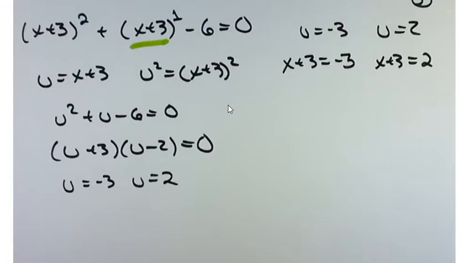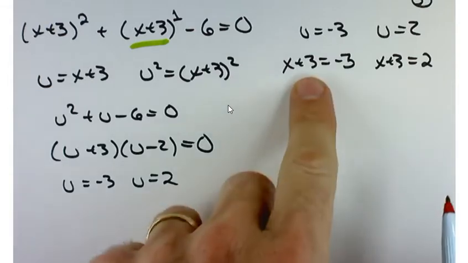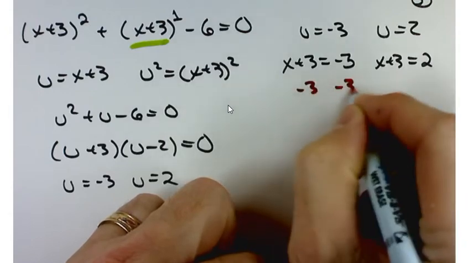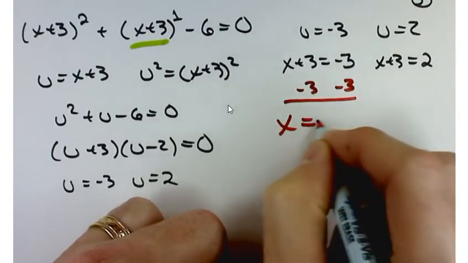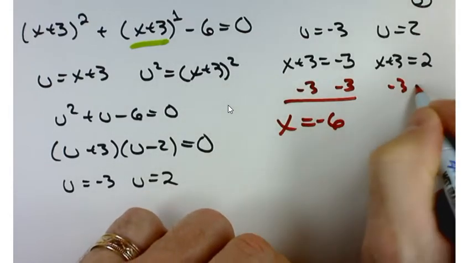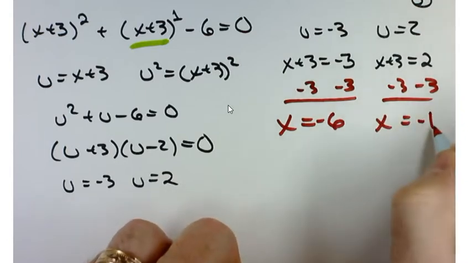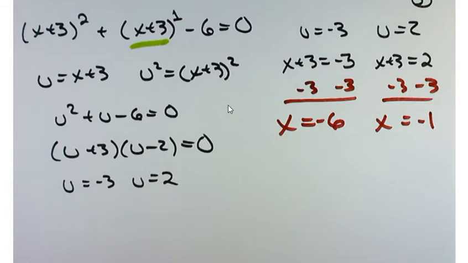Okay. Looking better. What do I have to do to solve for x? Subtract 3 from both sides, and I get x equals -6. Or if I subtract 3 from both sides here, I get x equals -1. That wasn't so bad. In fact, that was easy.